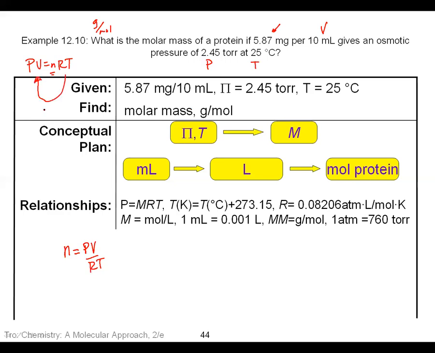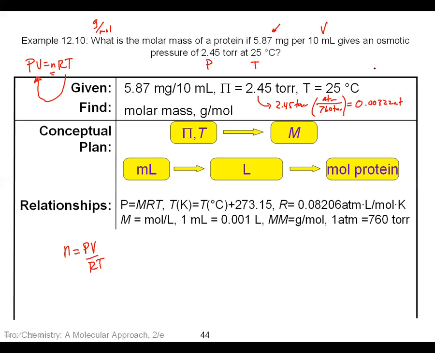But really, again, because everything here is in the ideal gas law, we do need to do some conversions. So we need to take 2.45 torr, and we need to divide it by 760 to convert it into atmospheres. And if we do that, 0.00322 atmospheres.